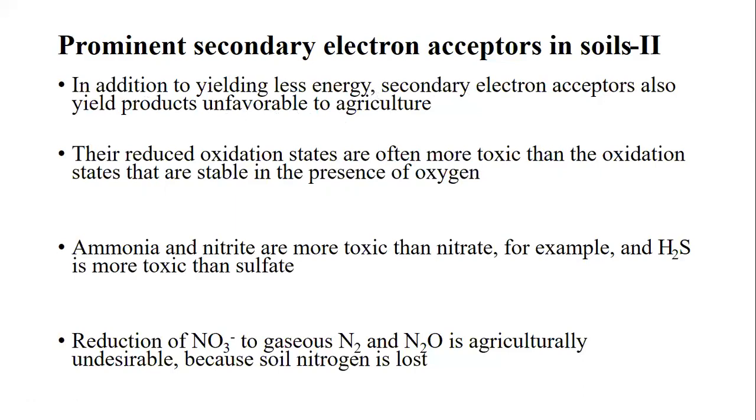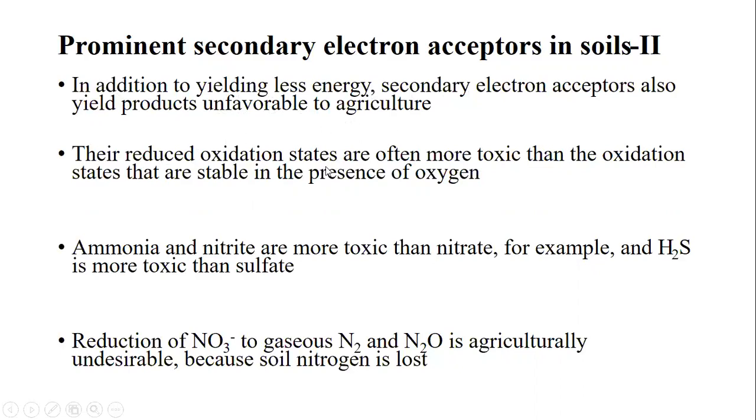If you see these, that means something is wrong, you have a lack of aeration, so the soil is not healthy. The amount of energy that comes out of it for the plants is not enough, and they also yield products unfavorable to agriculture. We don't want them to be there.